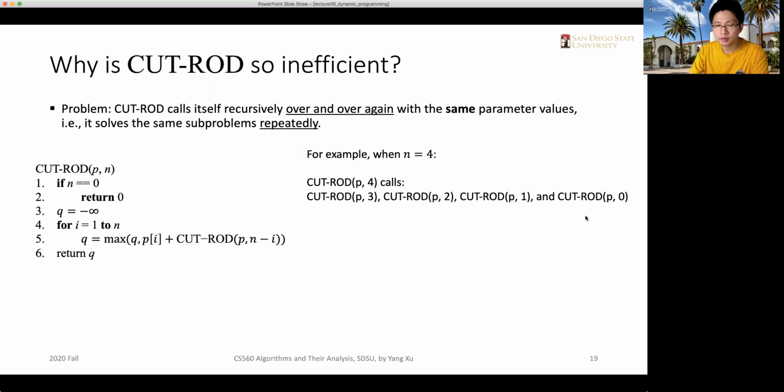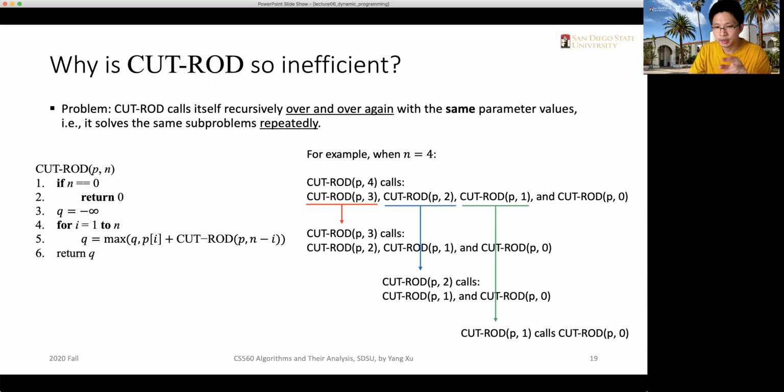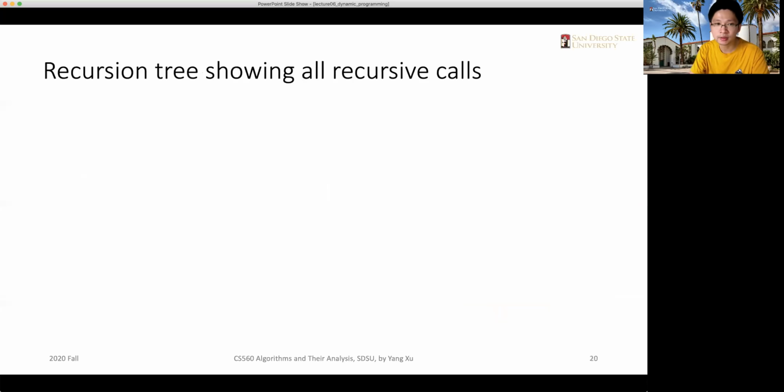These recursive calls will further cause 2, 1, 0, and 1 and 0 and 1. Just like the Fibonacci problem, the same problems in the same color will be solved multiple times, which is totally unnecessary, right? After we solve the problem once, we don't need to solve it again, but the recursive algorithm solves the problems again and again.